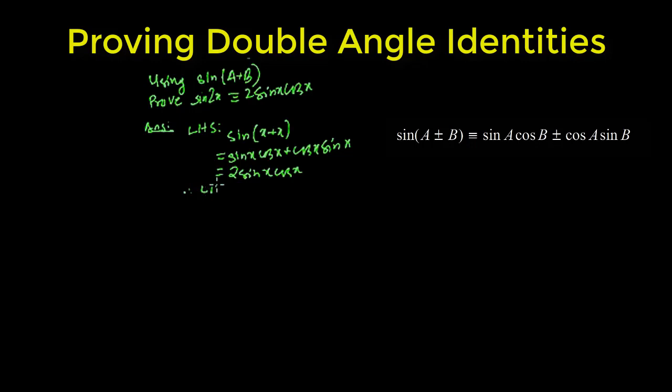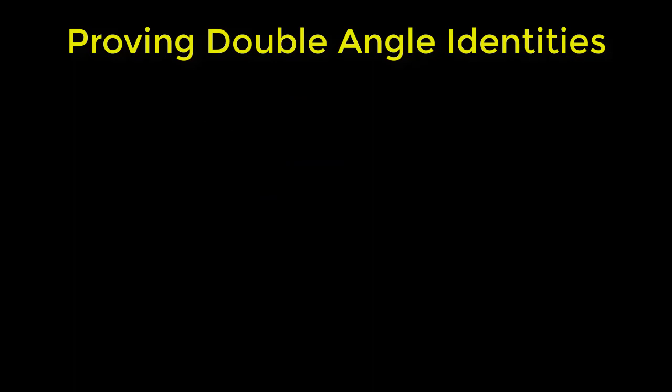Therefore the left hand side is now equal to the right hand side, or we can say the identity, and we can write a little QED here, which means proved. It's Latin, quod erat demonstrandum, that Euclid used to write after a proof.